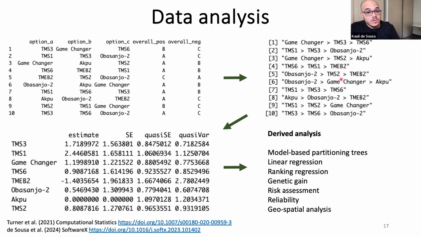With Plackett-Luce you can estimate the log worth, which is the probability of outperforming all the others. This one is the reference here. The higher the value is compared to the reference, the better the variety. With this, you can do a lot of derived analyses, like model-based partitioning, linear regression, ranking regression, genetic gain, and all these things.